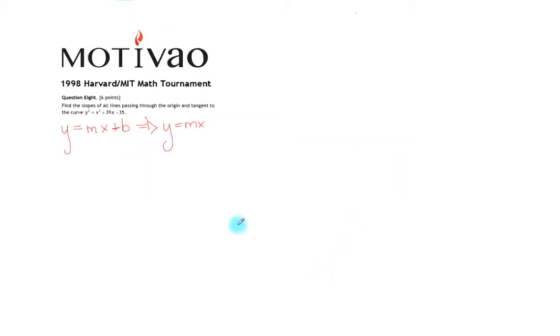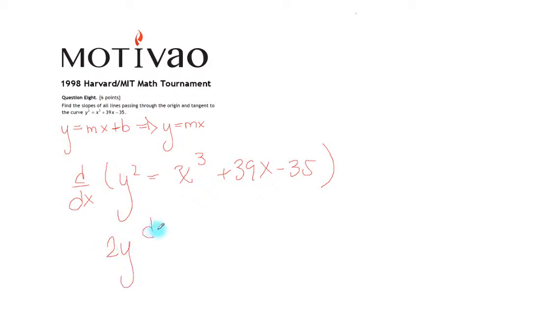Now, tangent to the curve. Every time you hear the word tangent in calculus, that means you have to take the derivative. So let's take the derivative of that function with respect to x. The derivative of the left side is 2y dy/dx.